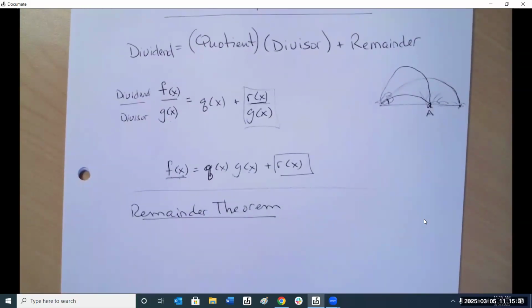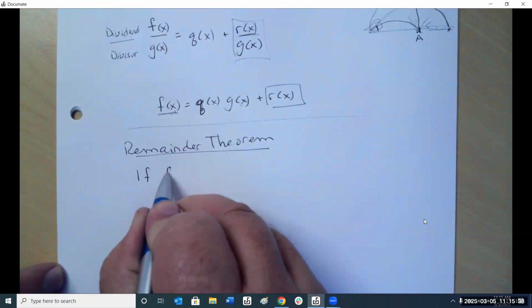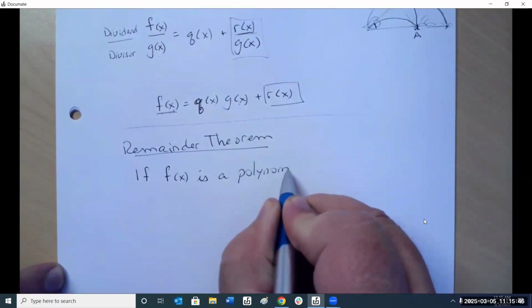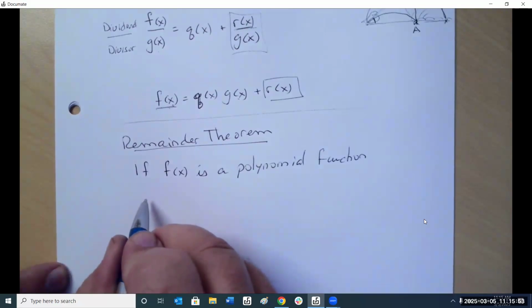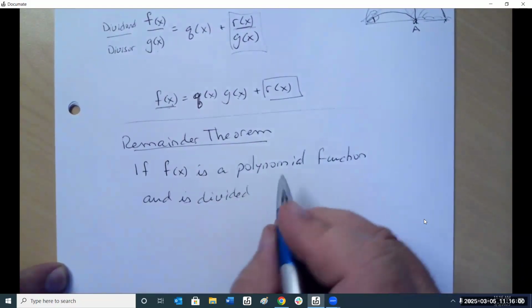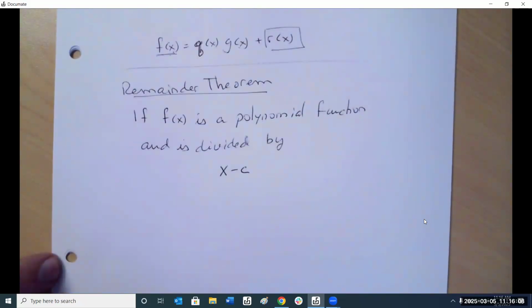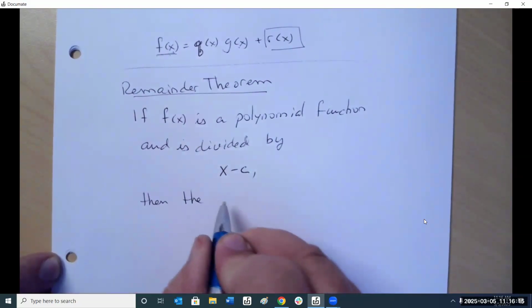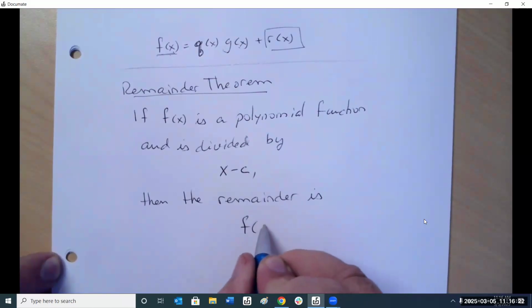But the remainder theorem says this: if f of x is a polynomial function and is divided by x minus c, then the remainder is f of c.